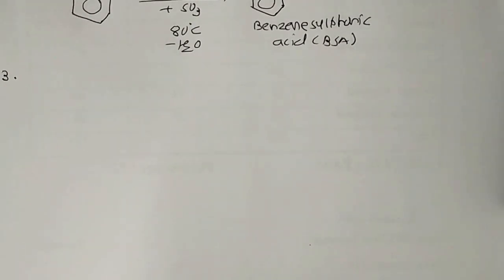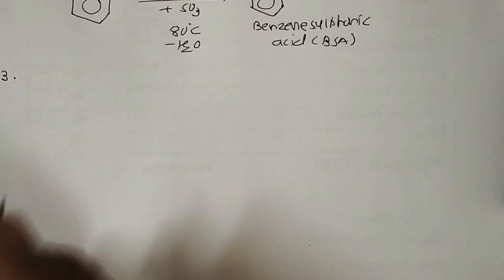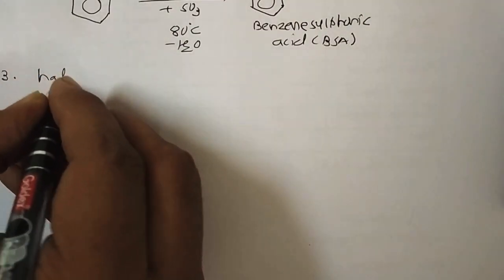So we perform chlorination as well as bromination reactions. These reactions are carried out in the presence of a Lewis acid as a catalyst, so we get a certain type of product, which can be displayed like that.